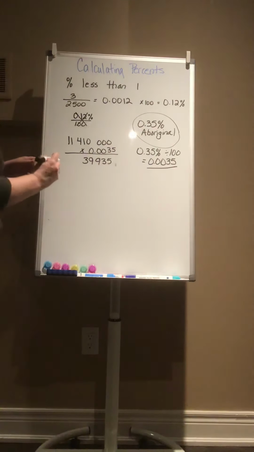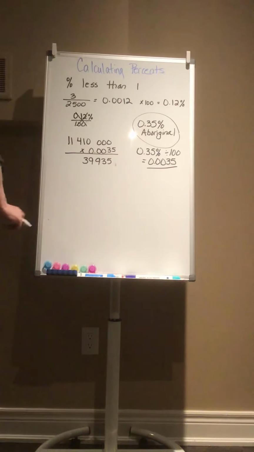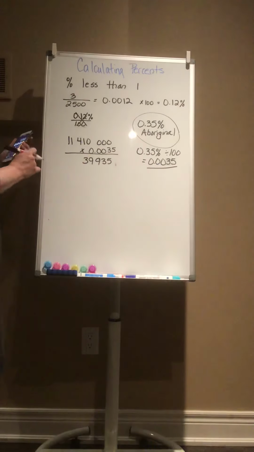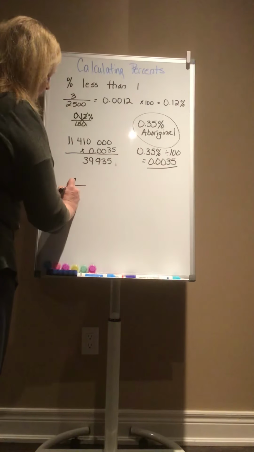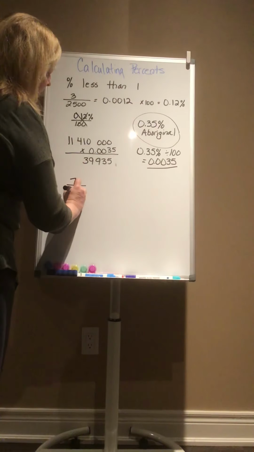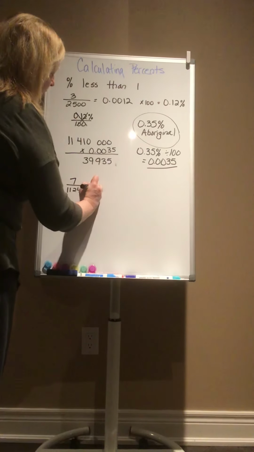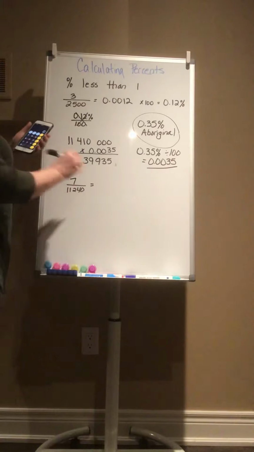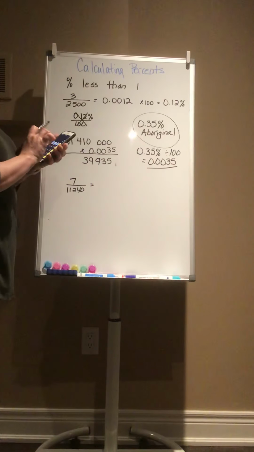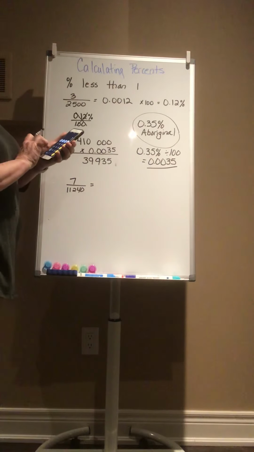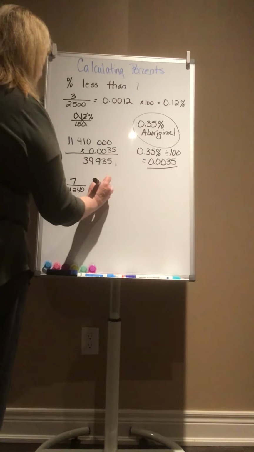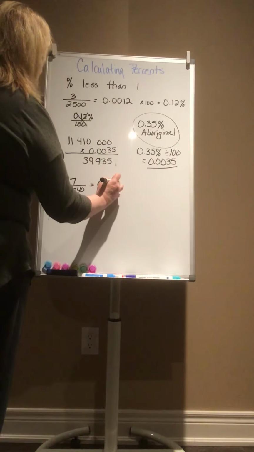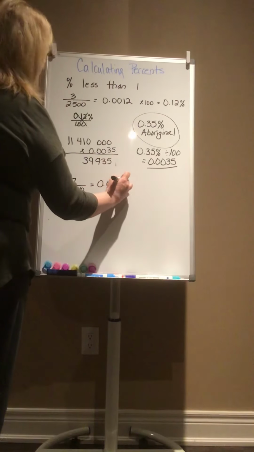So let's try one more. If I have, and I'm just going to make this up, so I'm grabbing my calculator again, 7 over 11,240 as a decimal, top divided by bottom, so 7 divided by 11,240 equals 0.0006.